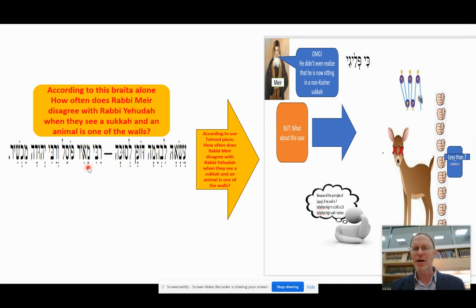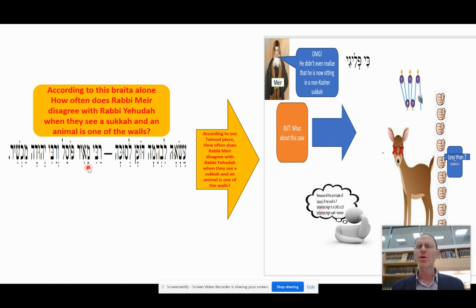But then we get to the Talmud. And what does the Talmud say? No, not at all. It's not like that at all. You might have thought that Rabbi Meir always, always, always disagreed with Rabbi Yehuda. But actually, what we now know is there's only this one little bitty teensy-eensy case where Rabbi Meir disagrees with Rabbi Yehuda.